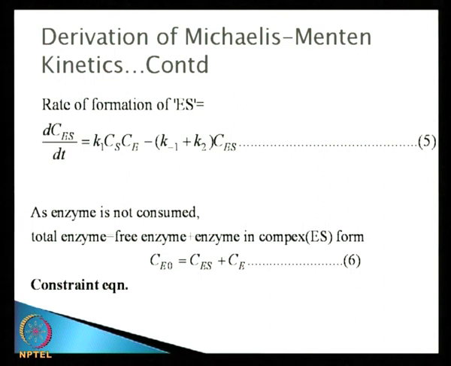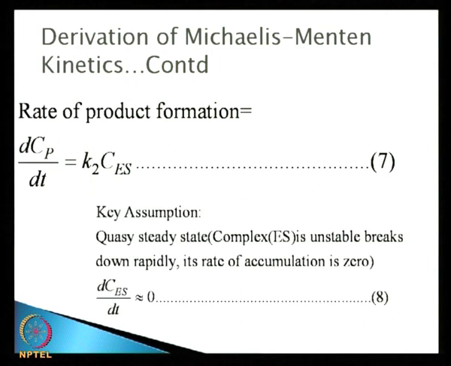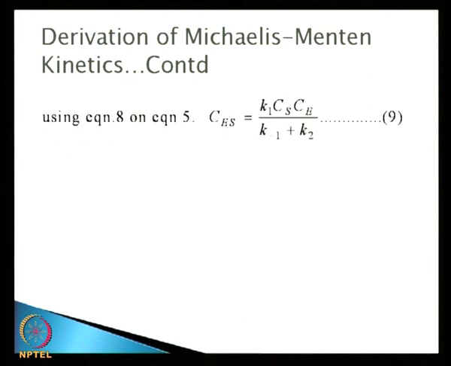From equation 5 you will get CES equals K1 over K minus 1 plus K2 times CS times CE.